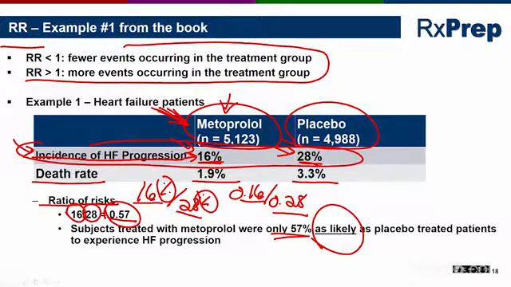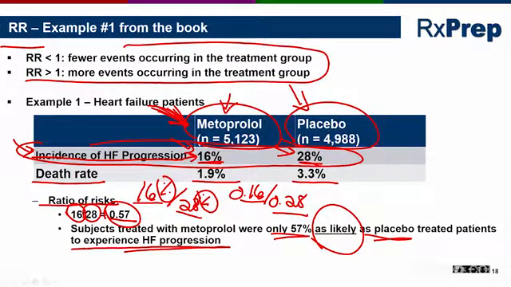We're not saying if they're less likely or more likely. We're just comparing them side by side. So we always use as likely as placebo-treated patients. So we're talking about the active drug that we're comparing to the control arm. And we're saying, okay, how do they compare against each other in terms of the endpoint?